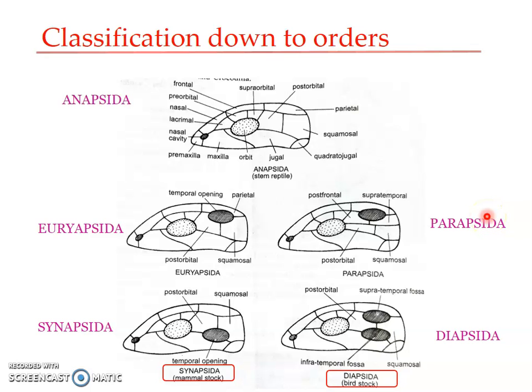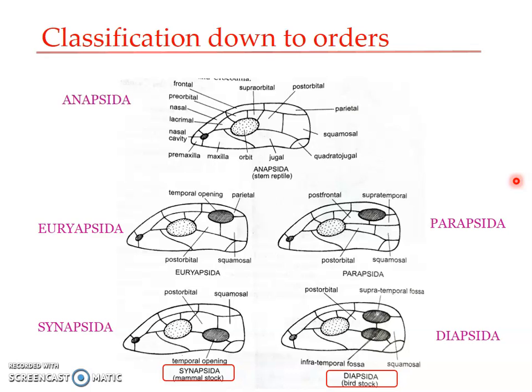Parapsida also includes extinct forms, and they have a skull with a single pair of temporal fossa, one on either side, and each temporal fossa is bounded by postfrontal and supratemporal below, while the parietal is above. As said, it includes all the extinct forms, and these parapsids lived from the Mesozoic to the Cretaceous era.